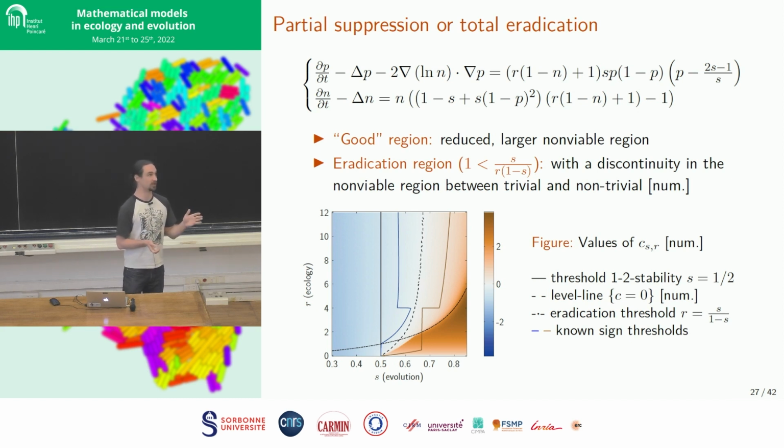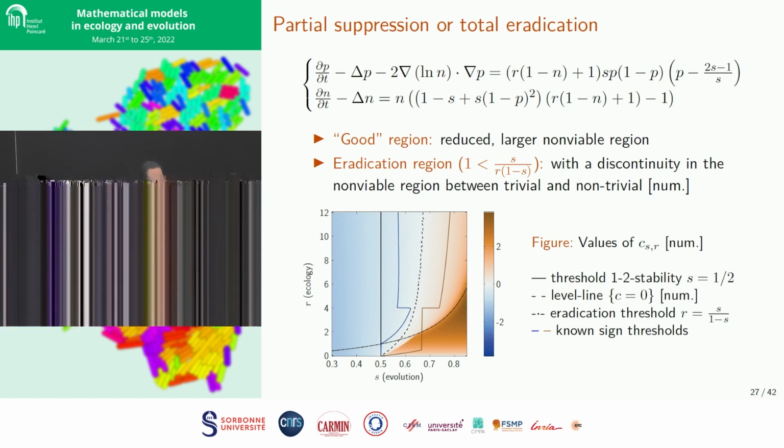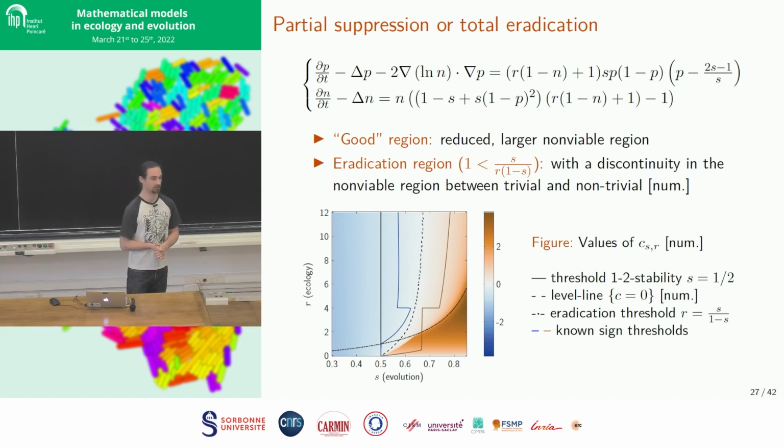Similarly, on the right of the brown curve, you can verify that you have waves that are going in the wrong way, and so it's non-viable. And this time you know numerically that on the right of the dashed curve, waves are going in the wrong direction, and so it's non-viable. The S equals 1/2 is actually a kind of conjecture for the monostability versus bistability threshold.